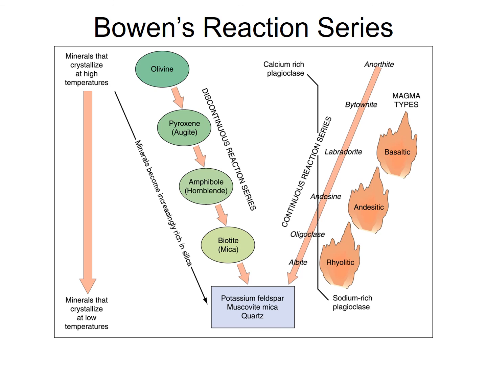Bowen is the scientist who explained this reaction series for the first time. It aligns all of the different minerals according to their cooling temperatures. For example, olivine is the first mineral to form in a magma chamber. Quartz is the last mineral to form in a magma chamber, but quartz is the most stable mineral on Earth's crust.